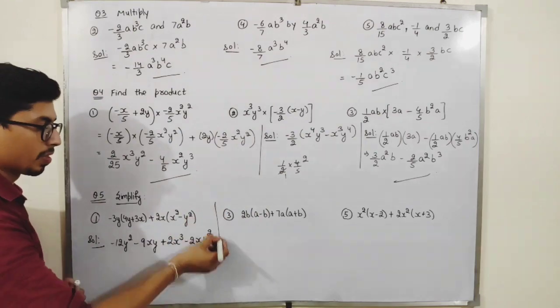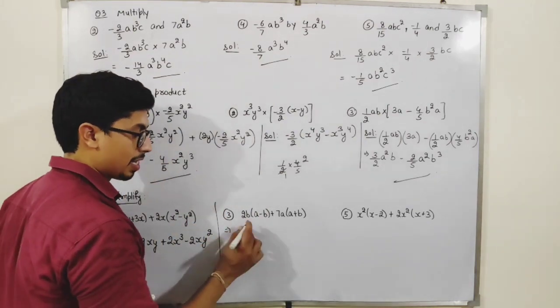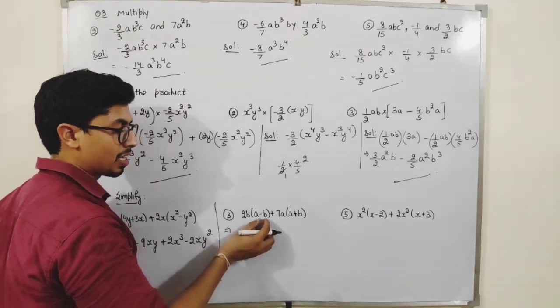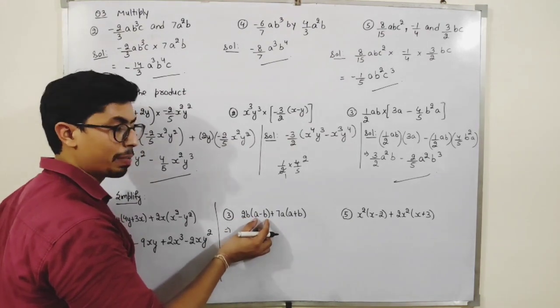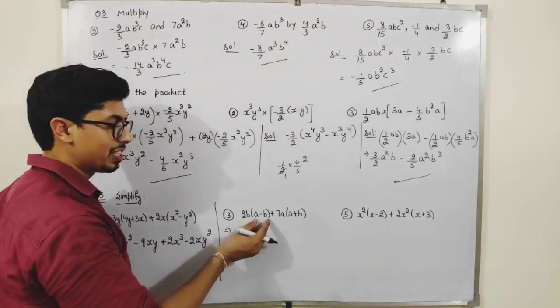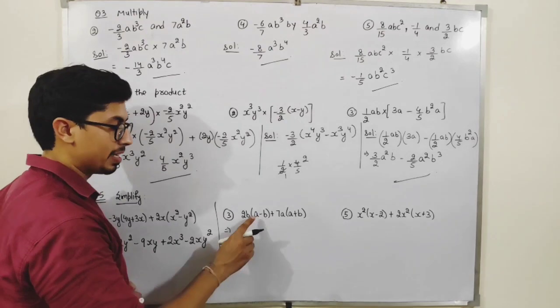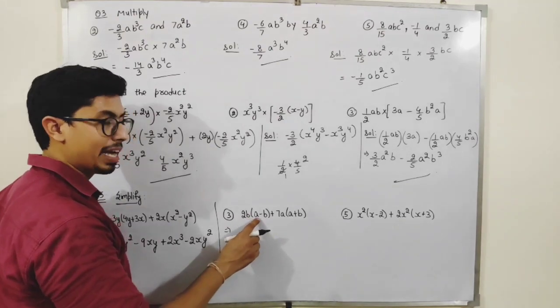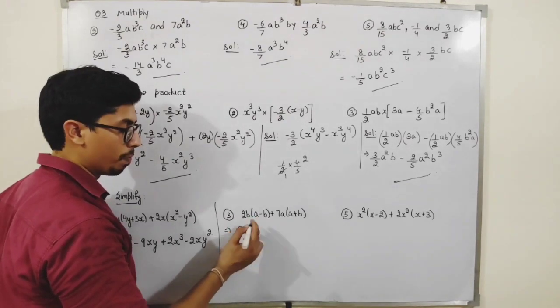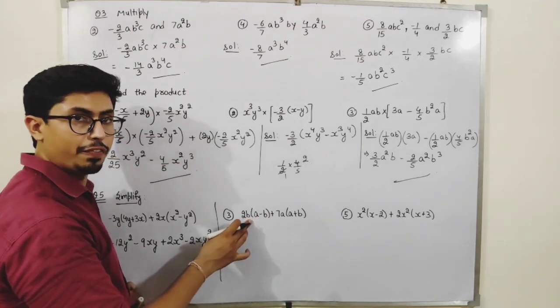Okay. Now the third part, students. 2b is outside a minus b, and a minus b is in the bracket. That means 2b is in multiplication with this complete expression. So just multiply this by a and multiply this by b. So if I multiply 2b by a, see, the bases are not the same. a and b both have different bases.